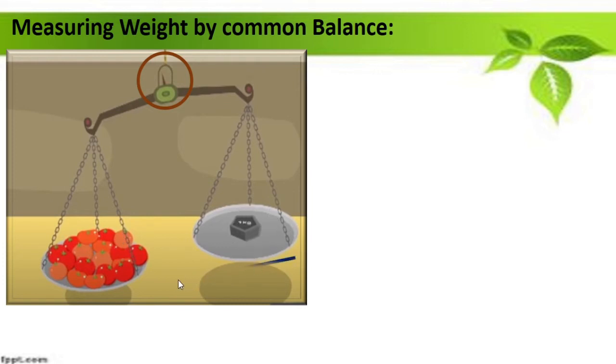Here you can see the level also. This pan is near to the ground comparatively, and this is a little up, right? See, this line is inclined, correct? It means these tomatoes weigh more than 1 kg.